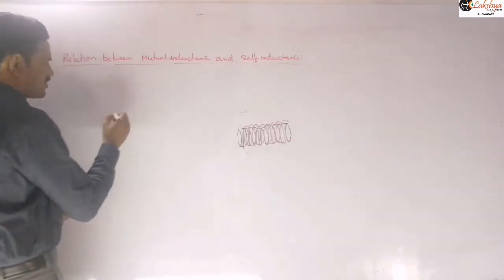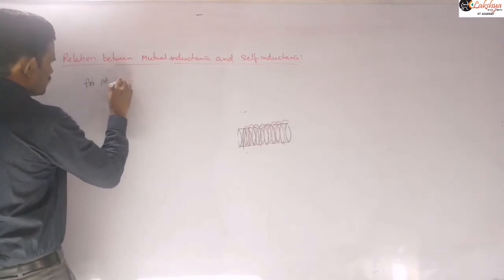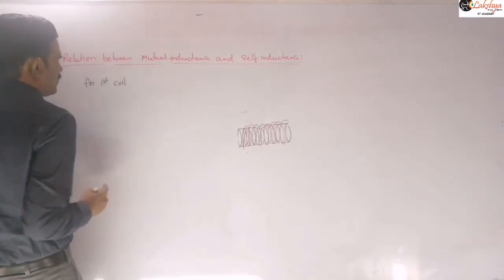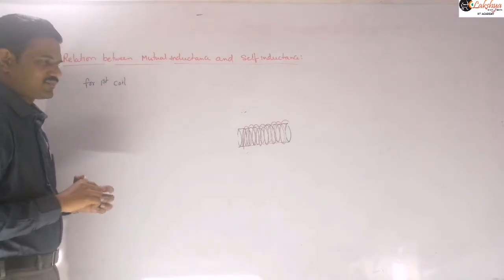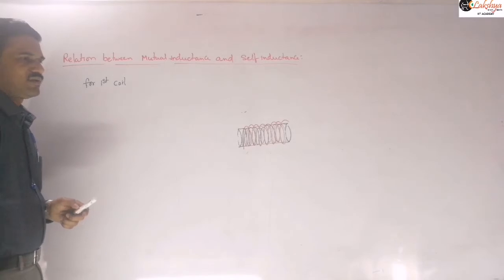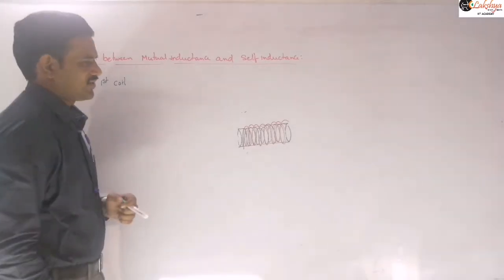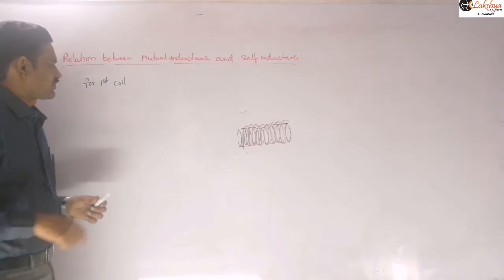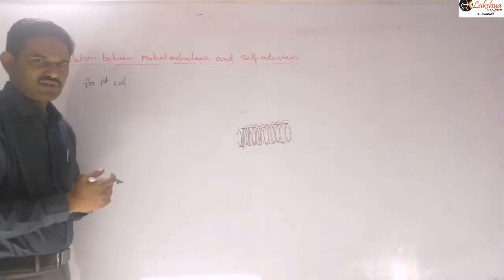So suppose I am writing first for the first coil. Consider two coils having number of turns N1 and N2, carrying currents I1 and I2. So now I am writing this self-inductance and mutual inductance relation there.